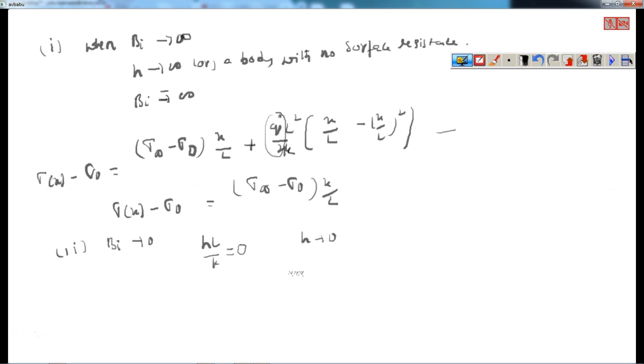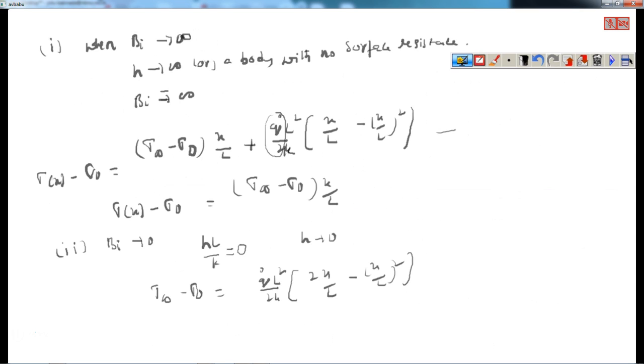Here h tends to 0 means a body with no surface resistance. Now the temperature distribution would be T infinity minus T0 is equal to Q dot L square by 2K into 2 into x by L minus x by L whole square.